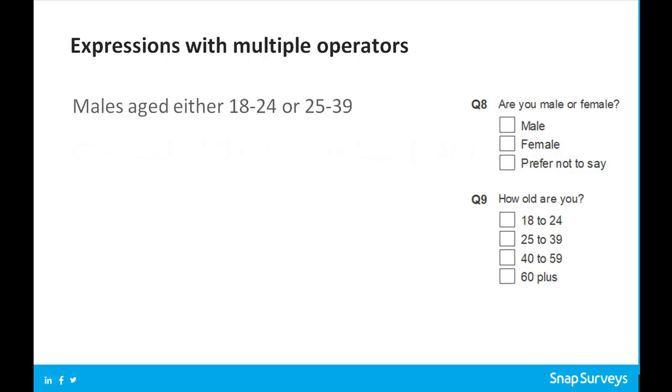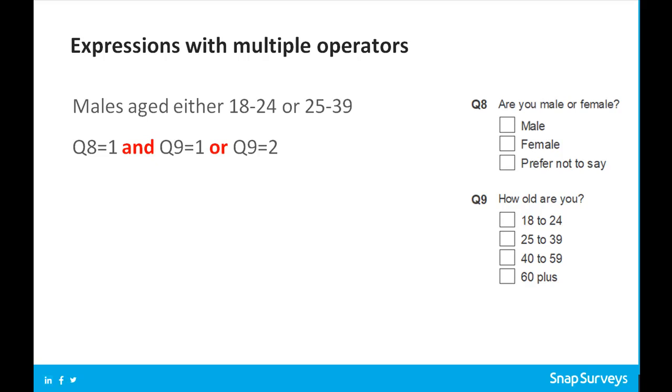So I'm looking for the males who are either aged 18 to 24 or 25 to 39. Q8 will identify the males, and Q9 equals 1 or Q9 equals 2 will identify the participants who are aged 18 to 24 or 25 to 39.